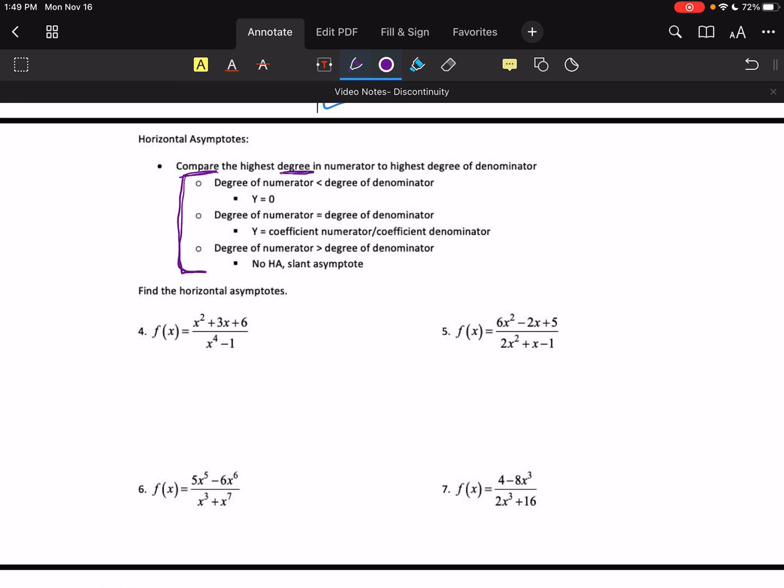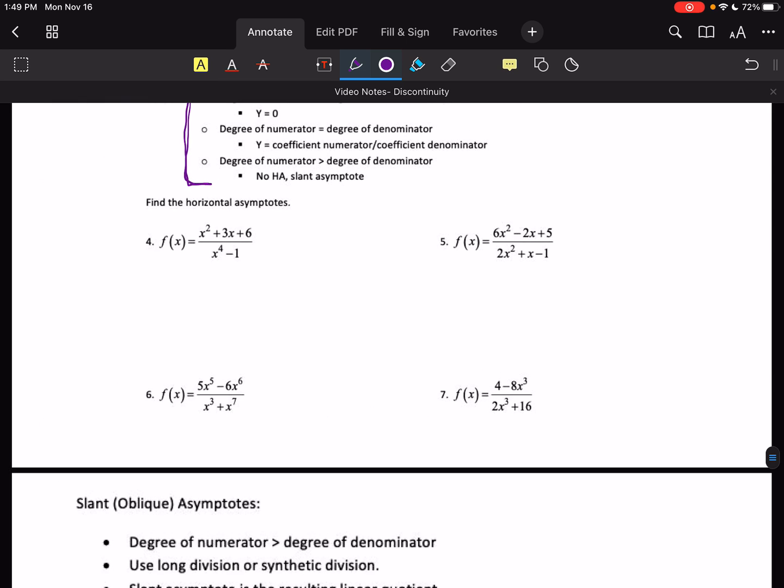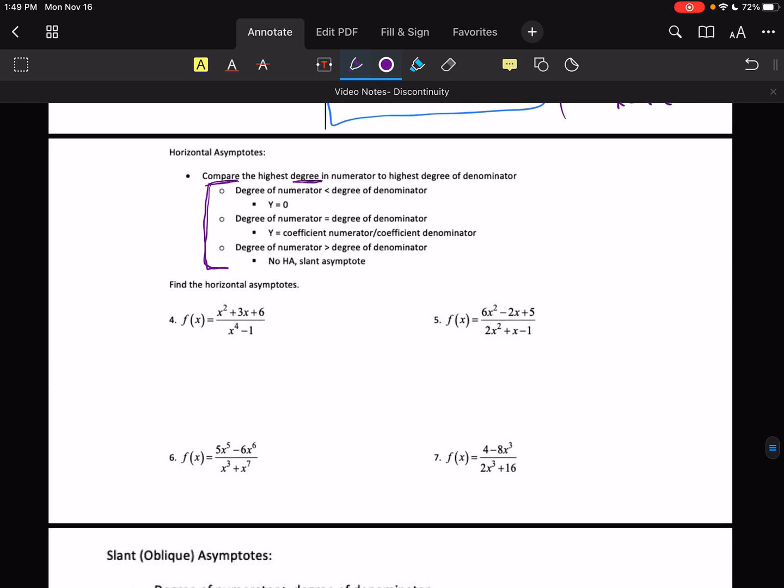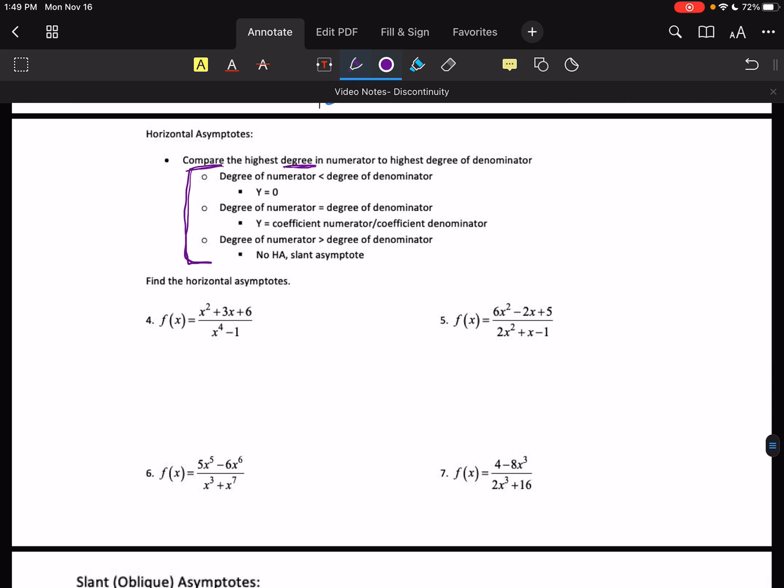If the degree of the numerator is less than the denominator, meaning the bottom is bigger, and again we're talking about degree, then we have a horizontal asymptote at y equals 0.